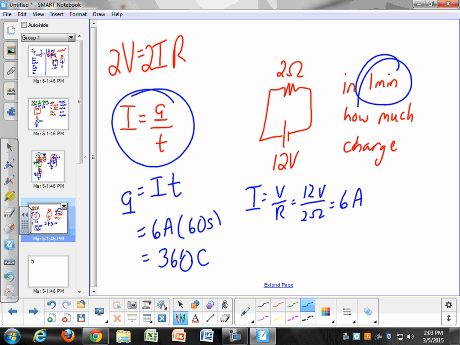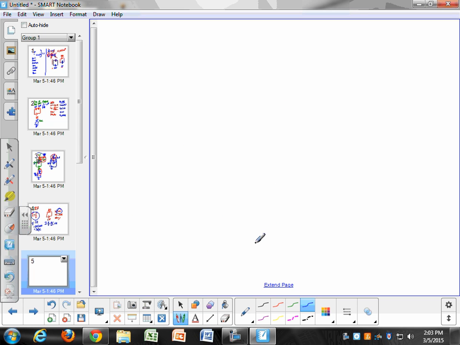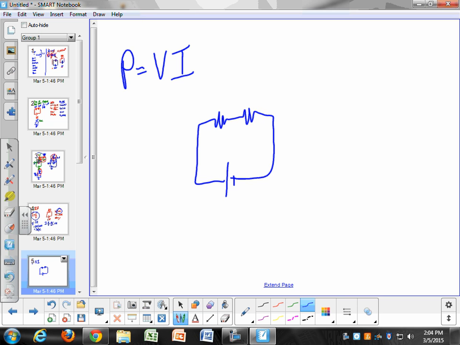Okay, let's see, so power as well. To understand power, we had power is equal to V times I. We had a series of questions where we have resistors, let's say 2 ohms and 4 ohms and 12 volts here.